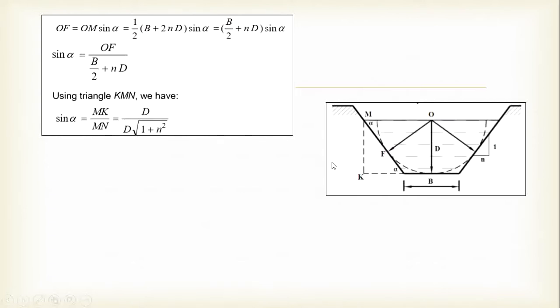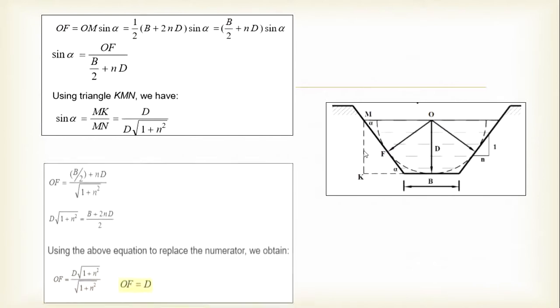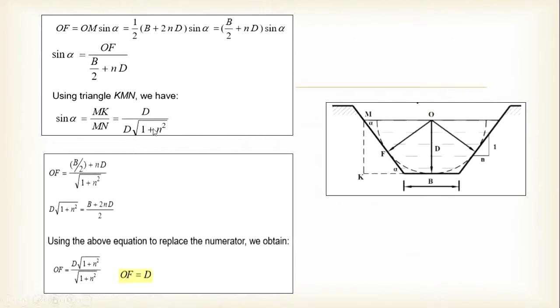From the triangle KMN, the sine alpha will be MK divided by MN. So I got this equation. Now I got OF as this value as well as one more value.